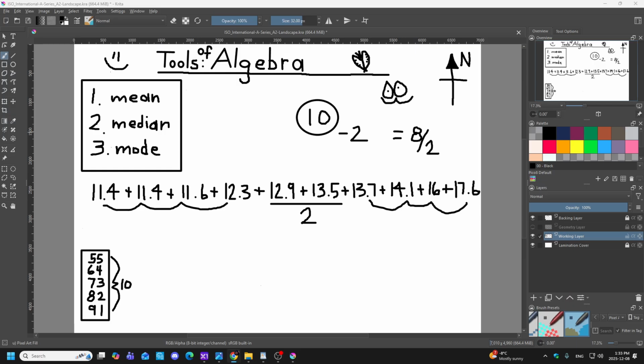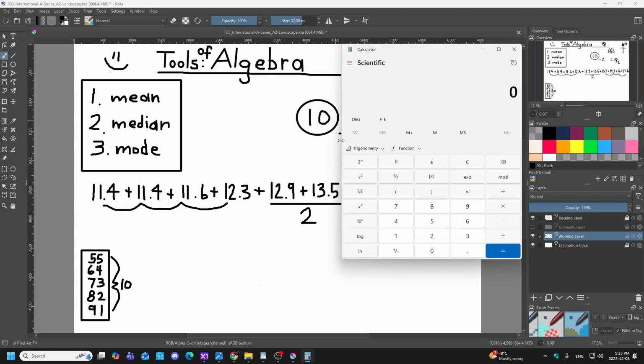Okay, recall if there is an even number of values, add the 2 middle numbers together and divide by 2. It's that simple. Okay? Again, we have an even number in our set, right? So 12.9 plus 13.5, 26.4.